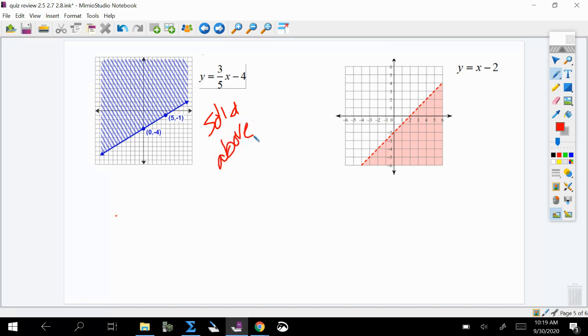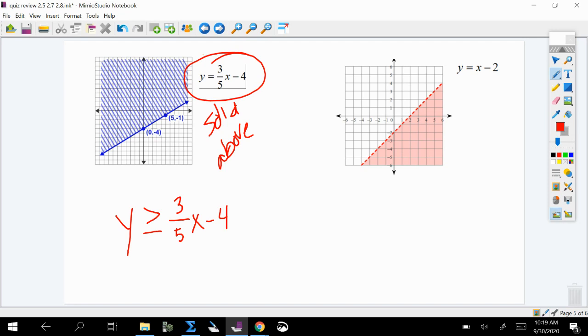So what that tells me is that it has to be solid, has to have the equal to, above has to be greater than, it has to be a greater than or equal to. Again, because it's solid, that's where the equal to comes from, and because it's above, it's a greater than. And then I'm just going to write in my equation for the line, which was given. They're going to tell you that, and that gives you my inequality.